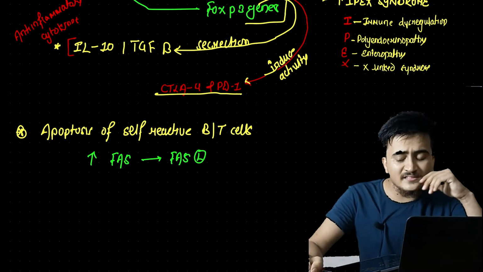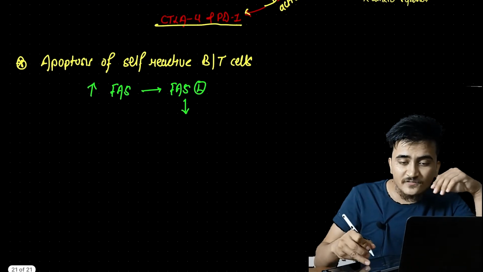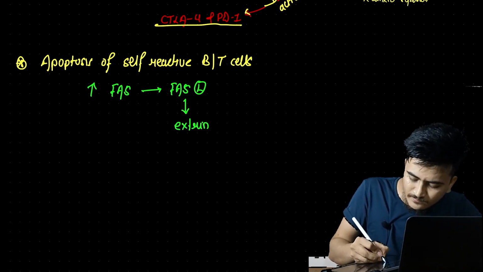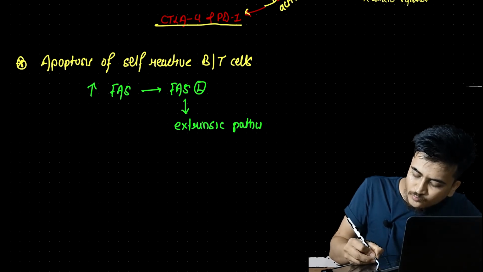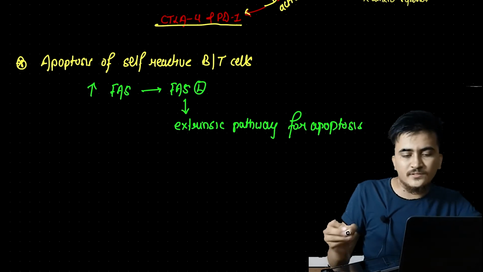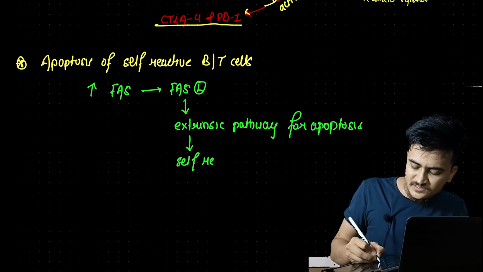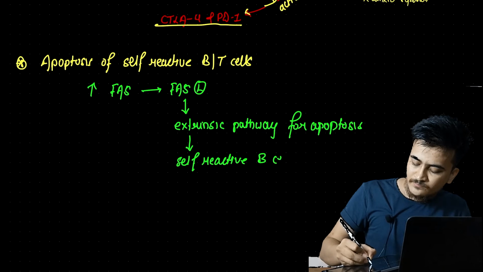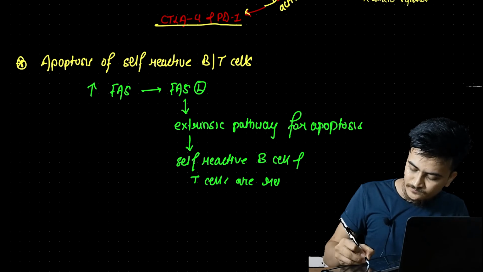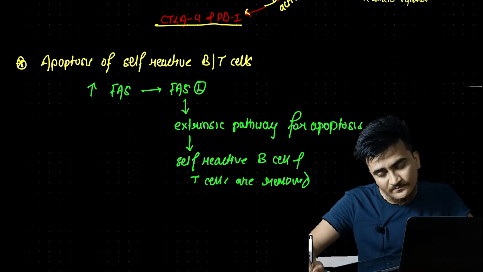And this interaction with this ligand will cause the activation of the extrinsic pathway for apoptosis. Through this process, obviously self-reactive B cells and T cells are removed.